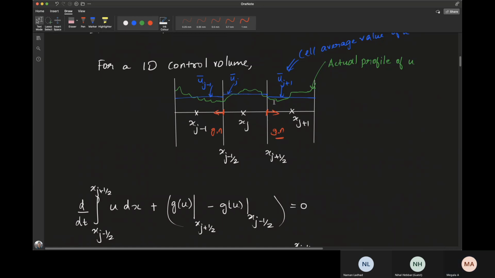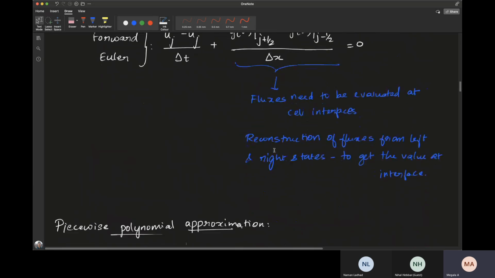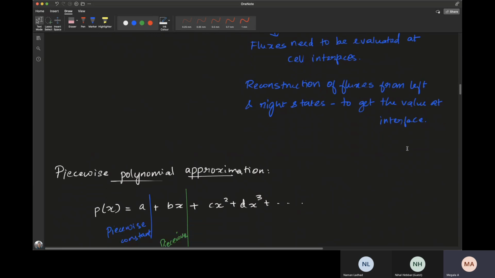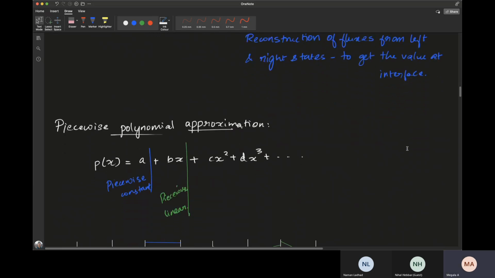So g at xj plus half will use both u bar j and u bar j plus 1 to evaluate g at xj plus half. That is what we are talking about: reconstruction of fluxes from left and right states. You use both left and right states to evaluate the fluxes.